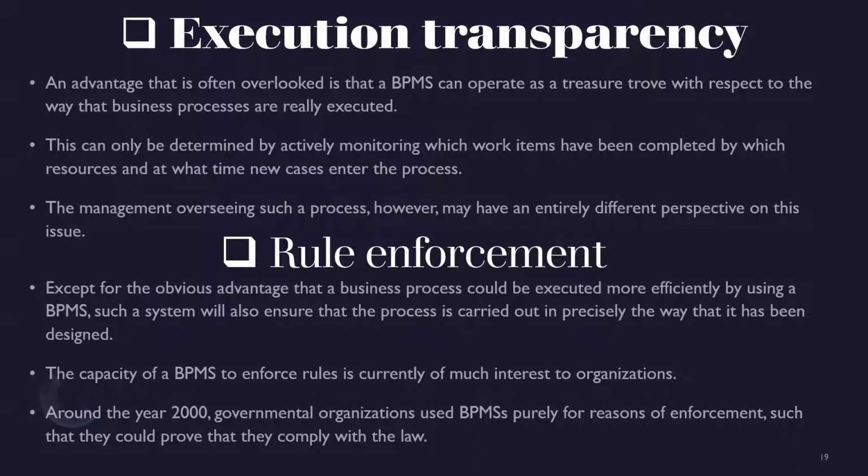This can only be determined by actively monitoring work items, and they can be completely resourced at the time new cases or processes are introduced. There are two types of information that can be used to generate business insights from a BPMS: operational information and historic information. As the words suggest, operational information relates to recent running cases, and historic information relates to the completed cases.